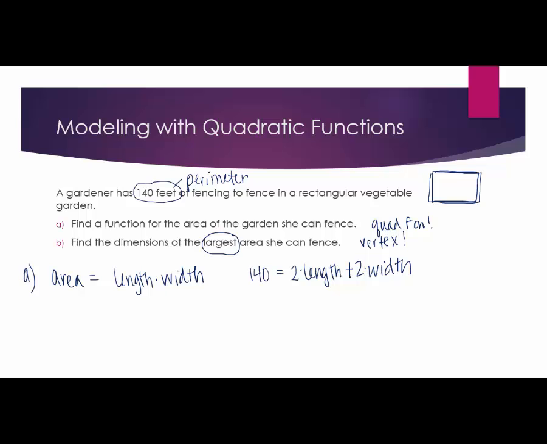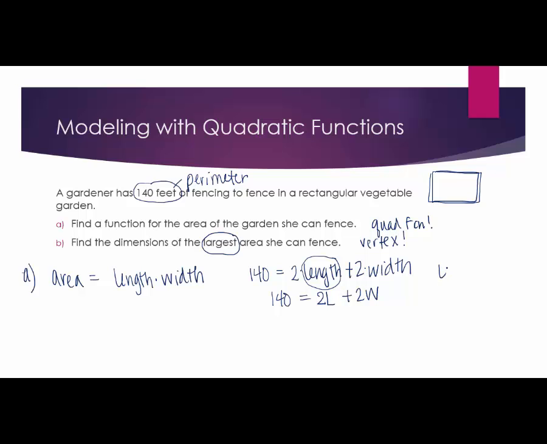140. If I'm going to use just a single variable and write this as a function of one variable, I could use this to either express length in terms of width or width in terms of length. I think I could do it either way. Why don't we solve this for length to represent length in terms of width? Let me use a couple of intermediate variables here then.